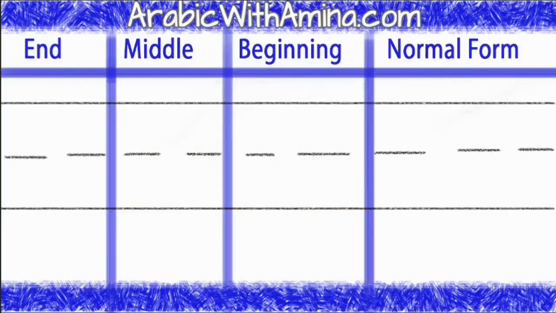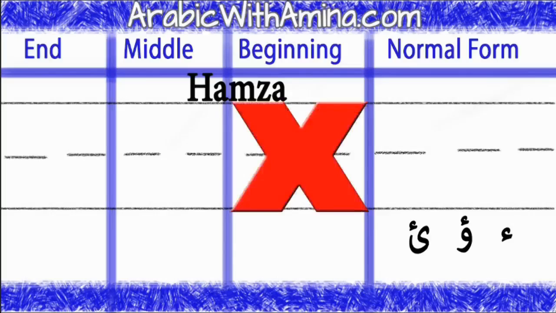The other letter that I'd like to show you is called hamza, and it can come alone, or it can come on the waw, or it can come on the ya. It will never come in the beginning of the word unless it's on an Aleph. It can come in the middle of the word and at the end of the word.